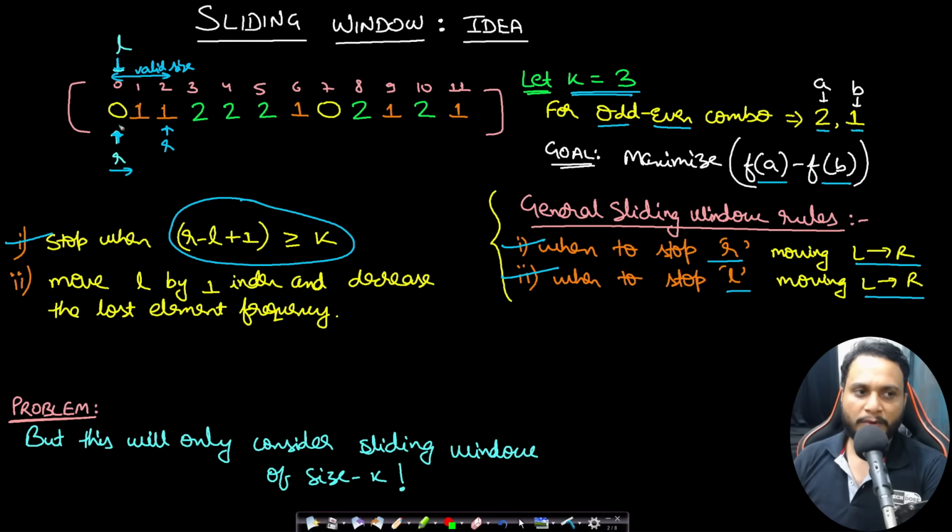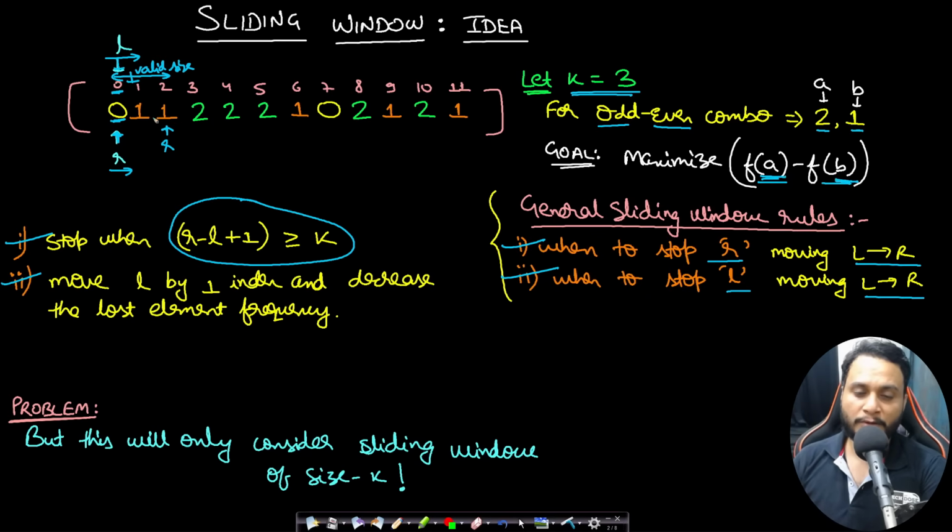Now when should the left be stopping? Let's say that we will just move the left one time to the right hand side in such a way that the 0th element will be lost in this case, and if this element is lost, then we have to decrease its frequency. Now the 0th element is 0 here. If it matches with any of the a or b, the frequency of a or b will get decremented.